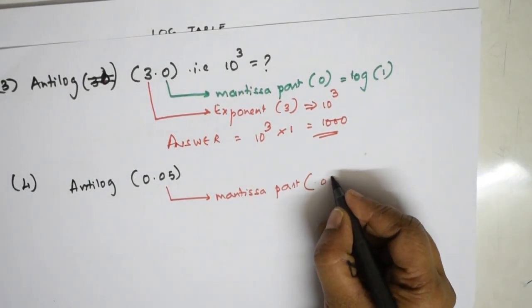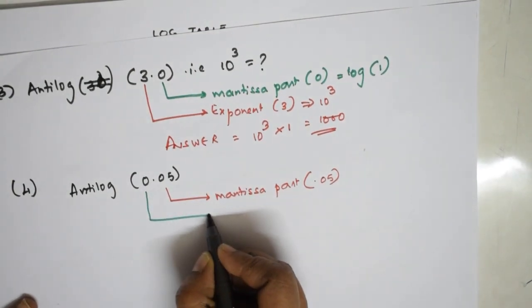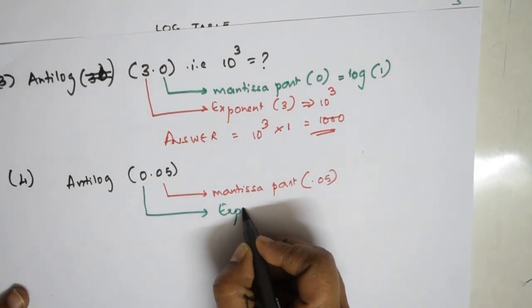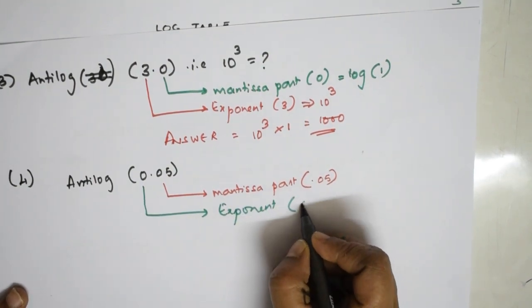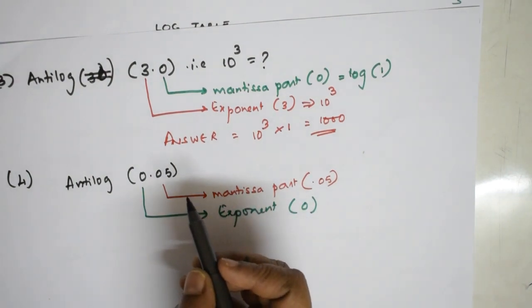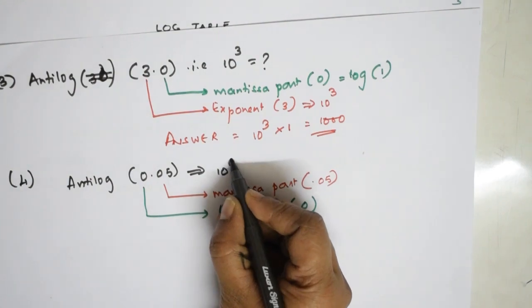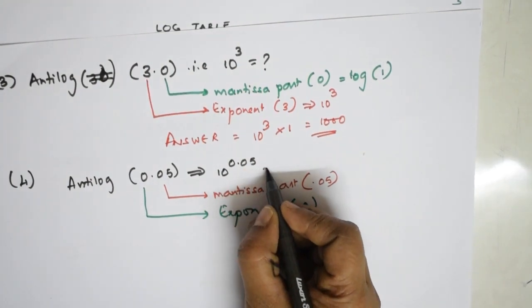Next, the exponent part is 0. Now 0.05 implies 10 raised to the power of 0.05, which we need to find out.